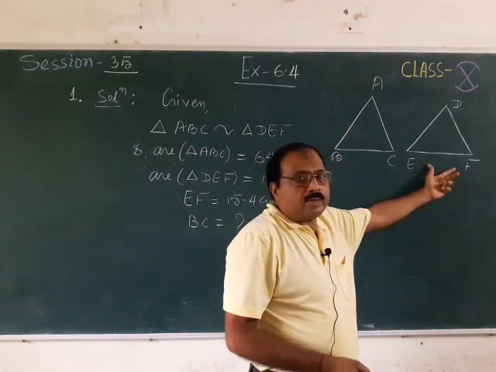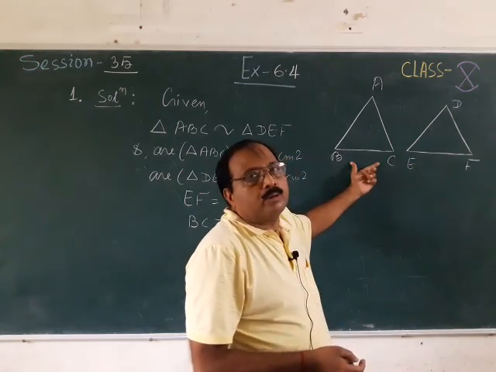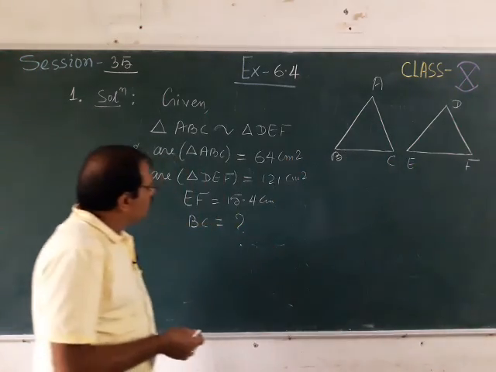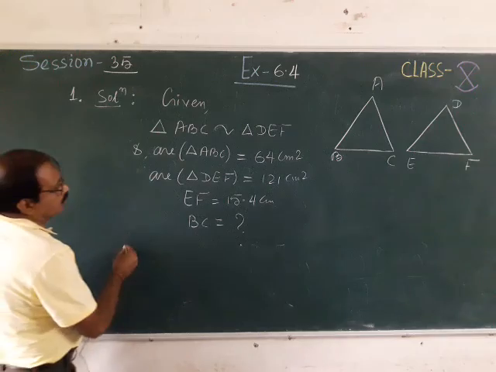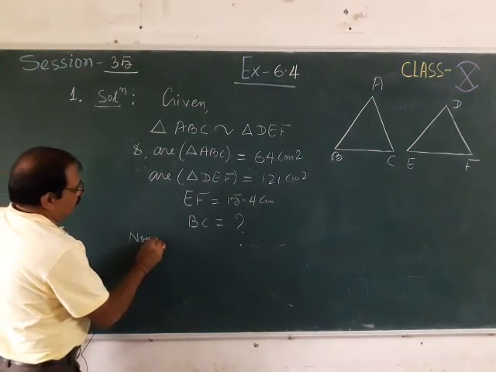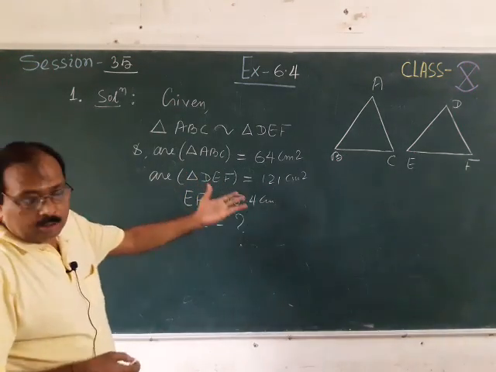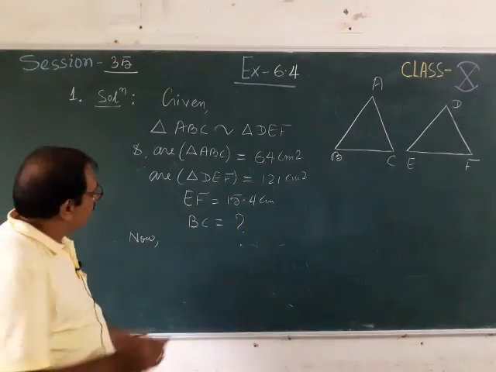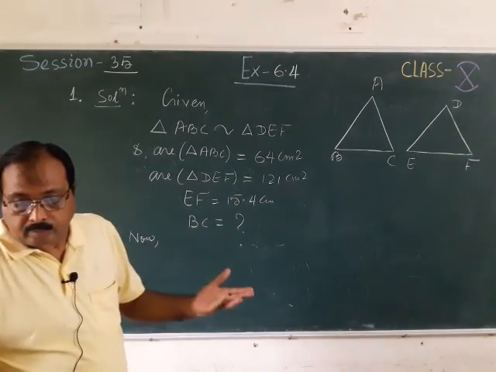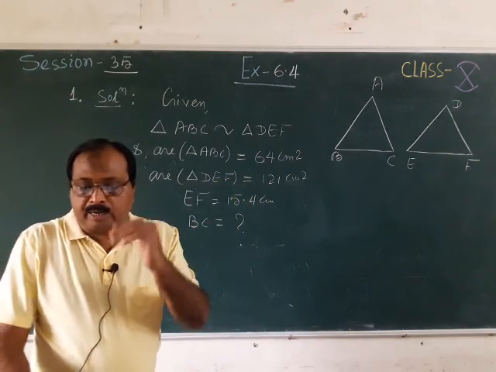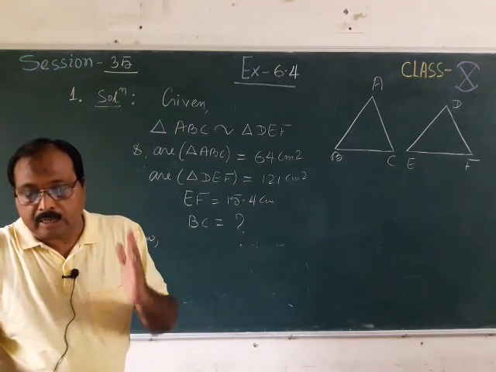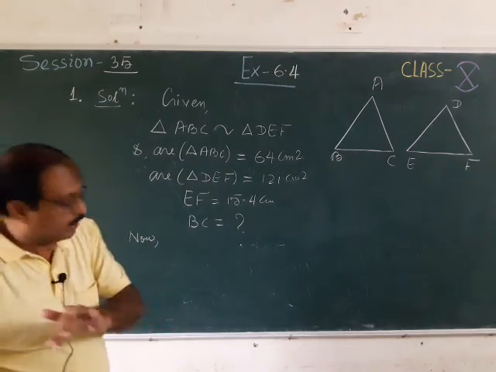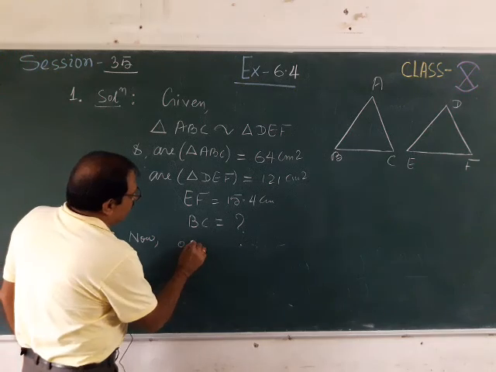Side EF is the corresponding side of BC. Now we will apply the concept of that theorem. Since the ratio of the areas of two similar triangles is equal to the ratio of the squares of corresponding sides, that application we will write here.